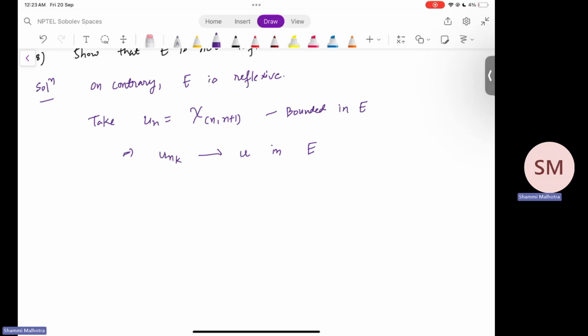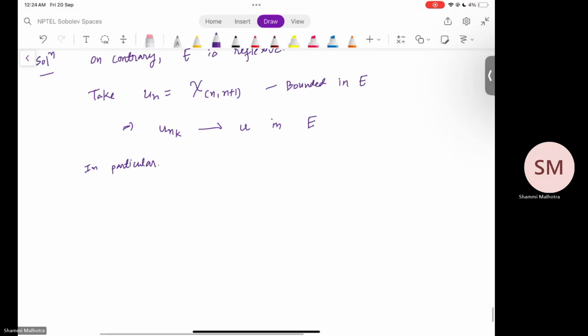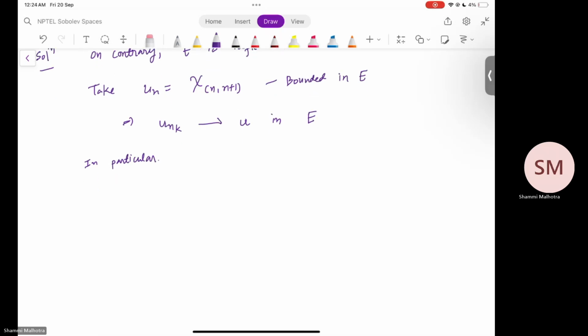So in particular, we have the integration of unk times f over R converges to the integration of u f over R for all f in Cc of R, so compactly supported functions. In fact, more is true.